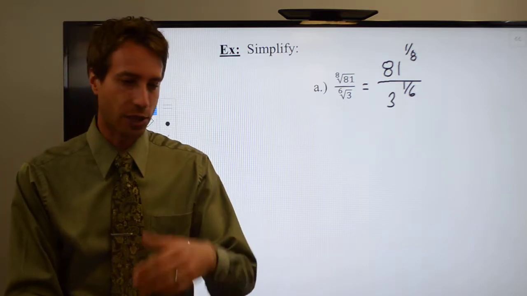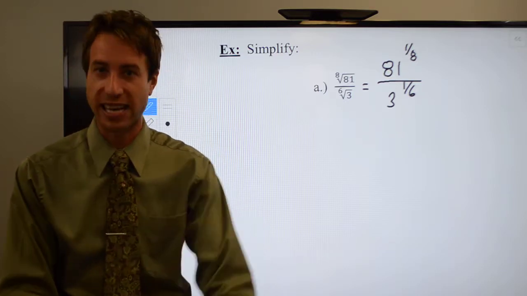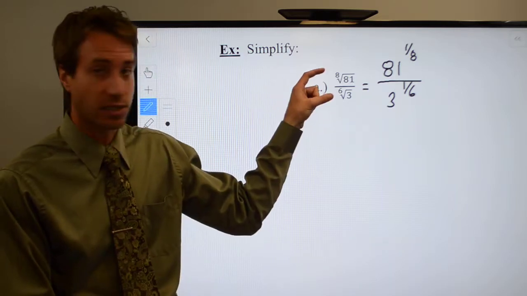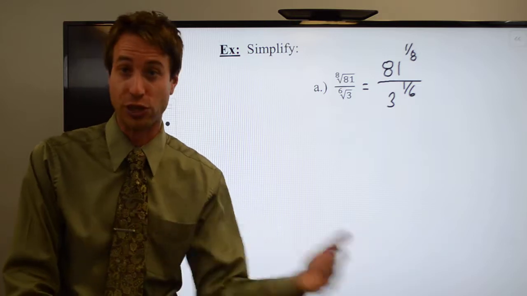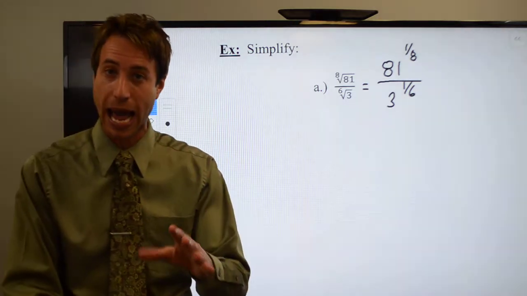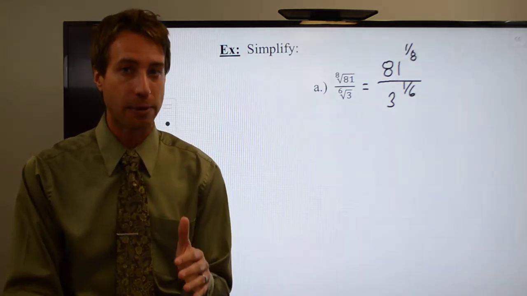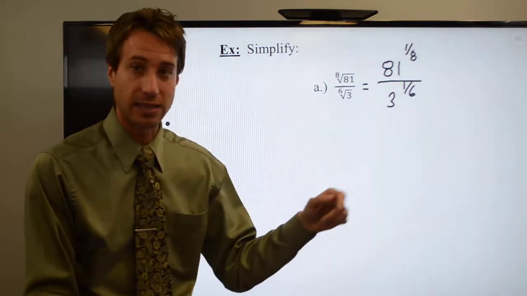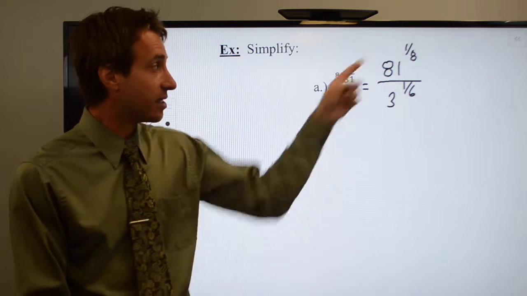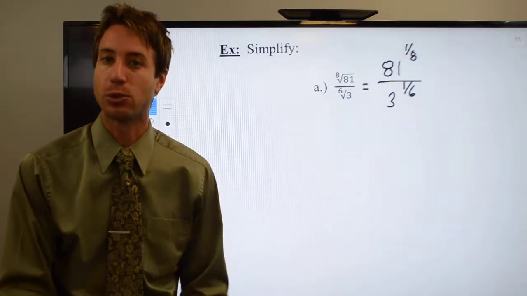In this chapter, in the homework, or on a quiz, or on a test, if I give you a quotient, I'm looking for you to be able to use this technique. You'll always be able to either rewrite the numerator or the denominator as the same base, just raised to a different power.